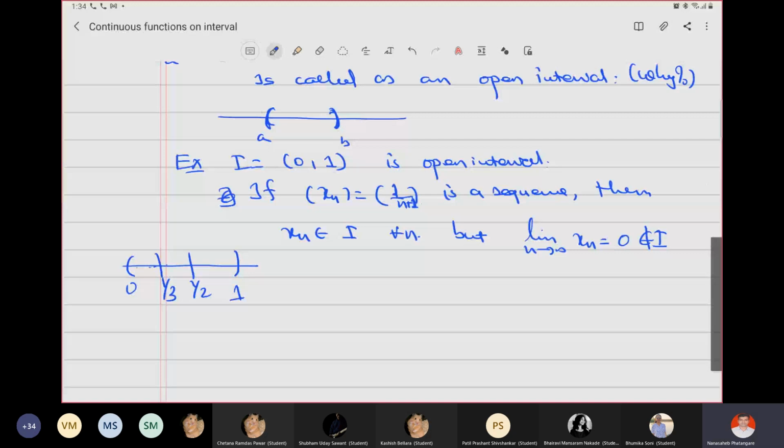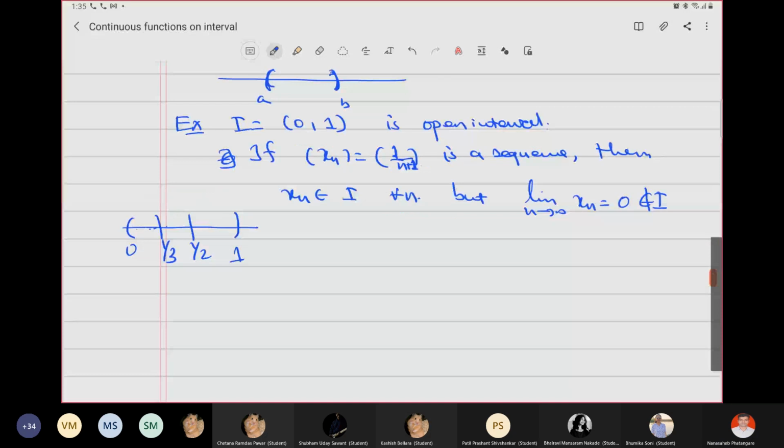Similarly, mathematically, an interval is open means there is a sequence which is inside the interval, but its limit is outside, its destiny is outside. So that you should understand what is the meaning of open. Is it clear? Yes, sir.